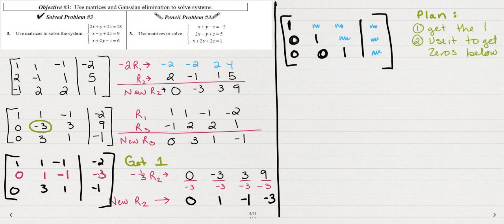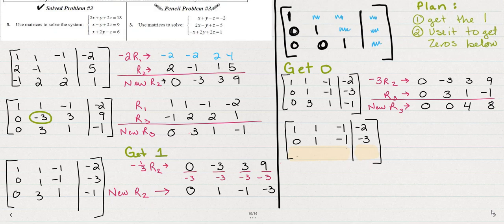We're one step closer to our goal of getting our matrix to look like this. Next, we want to get a 0. We got the 1, so now we want to get a 0. We want the 0 right here, right? I've just copied the matrix over from the left to the right.